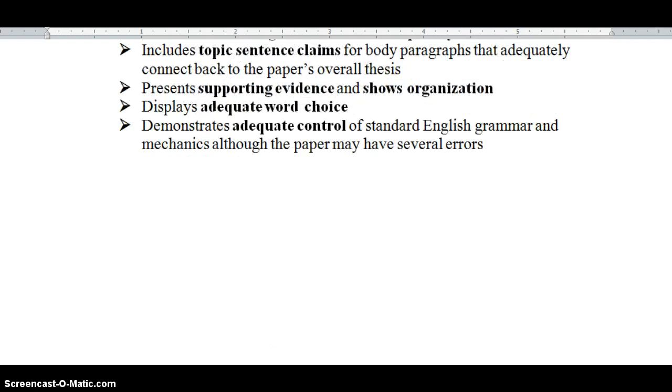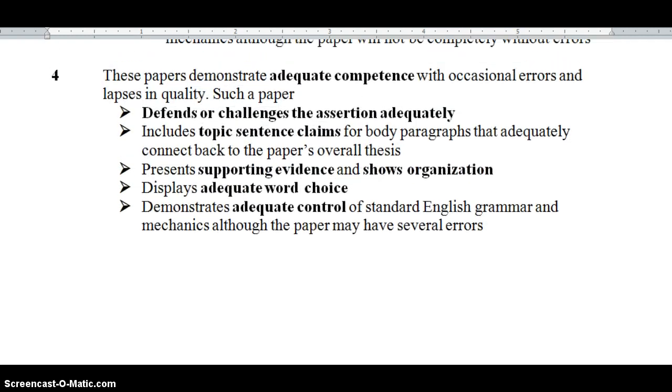A 4 is a B. This would be adequate competence with occasional errors and lapses in quality. So you defend your assertion, your claim, your thesis adequately. There are topic sentence claims which adequately connect back to the paper's overall thesis. There's supporting evidence, there's organization, the word choice is adequate, and there's adequate control of standard English grammar and mechanics, although the paper may have several errors.